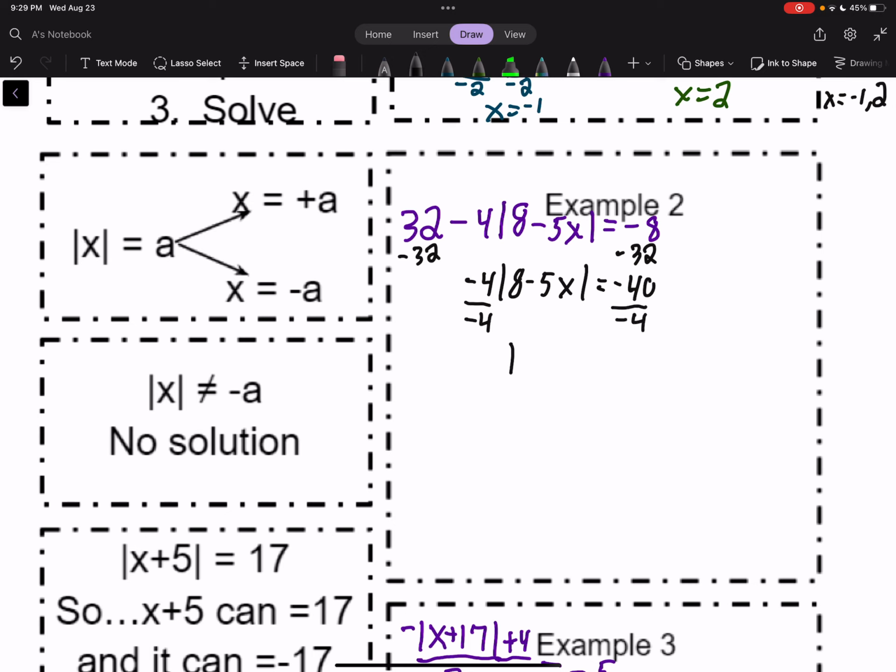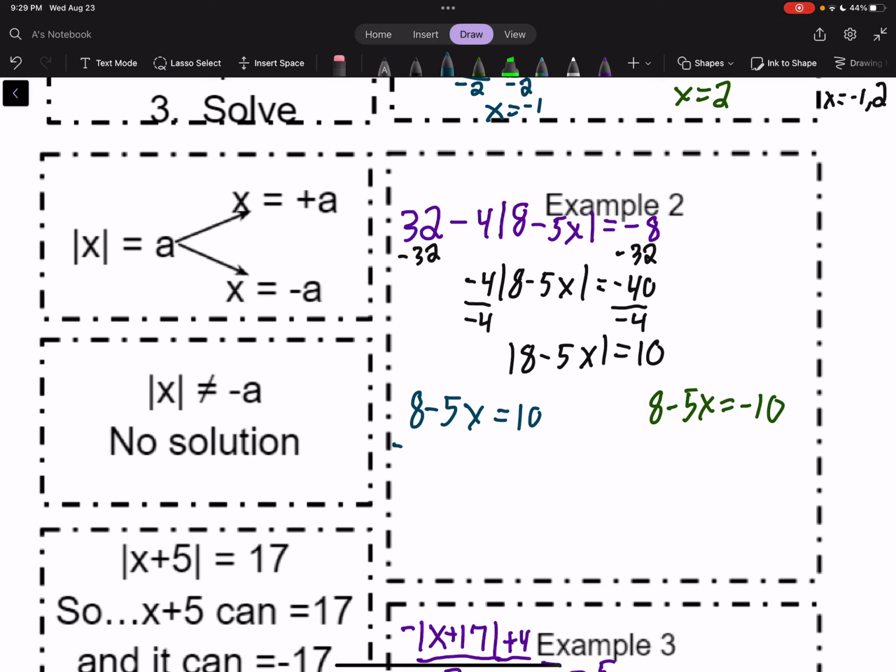And we have the absolute value of 8 minus 5x is equal to positive 10. We can now separate: 8 minus 5x equals 10, and 8 minus 5x equals negative 10.